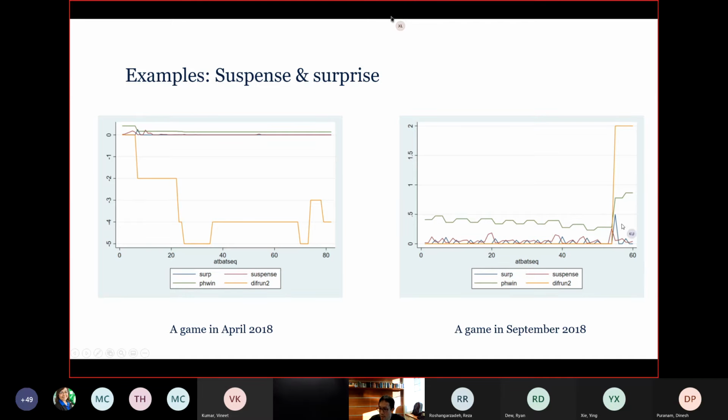In the 9th inning, when the home team gets the 2 scores, the surprise jumps up, and suspense also goes up right before the home team gets 2 scores. These 2 games are just examples, but I think they show some validation that our predictive model captured some suspense and surprise happening during the game.